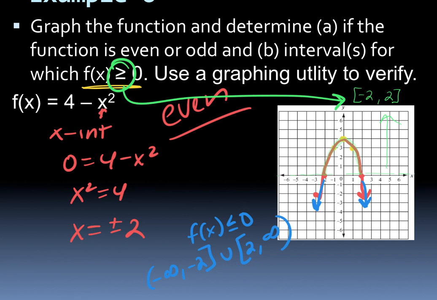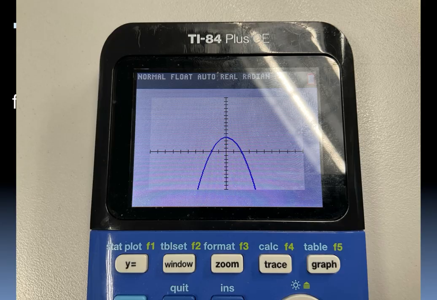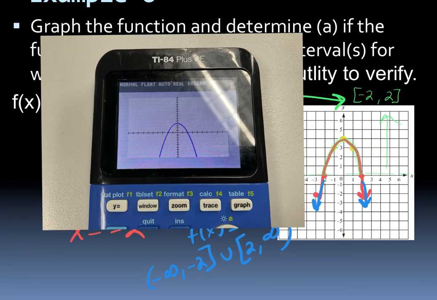Okay, and then if we use our graphing utility to verify, if you graph that, f of x is your y. If you did 4 minus x squared, you would see that it crosses through right at 2.